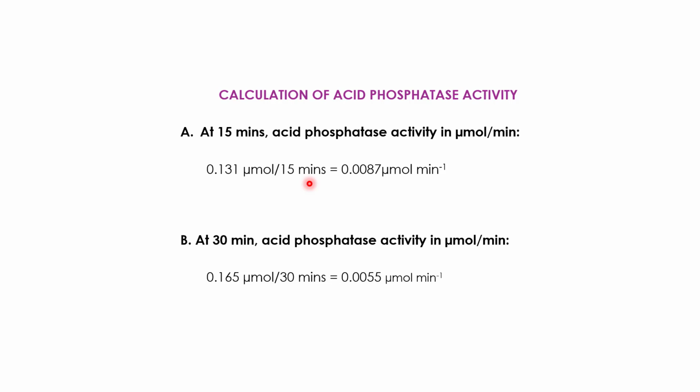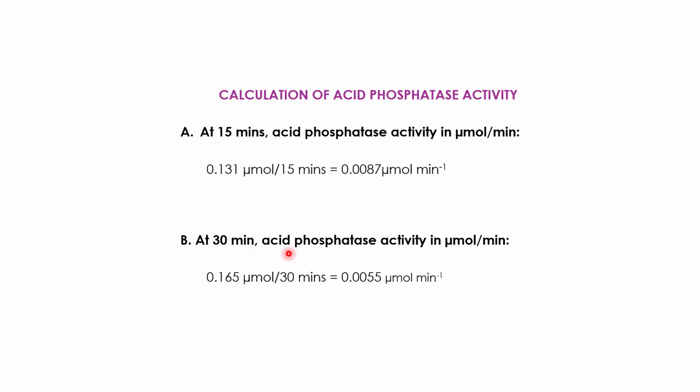So we get 0.131 micromole divided by 15 minutes, which is 0.0087 micromole per minute, and this is the acid phosphatase activity at 15 minutes.